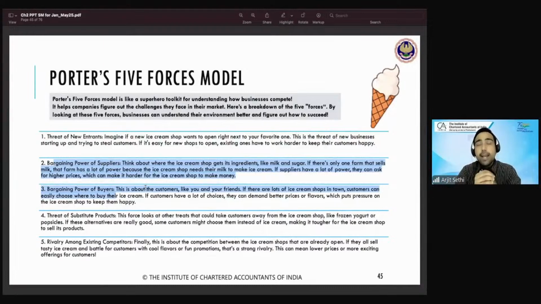For a company like Amazon or Flipkart, think about this carefully with me. Companies like Amazon and Flipkart buy millions and millions of cartons, the boxes, the brown box that you get for every delivery.